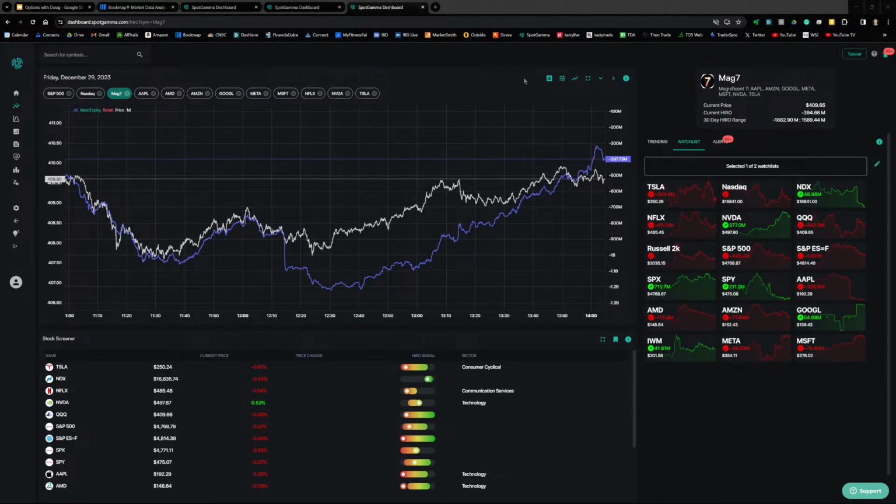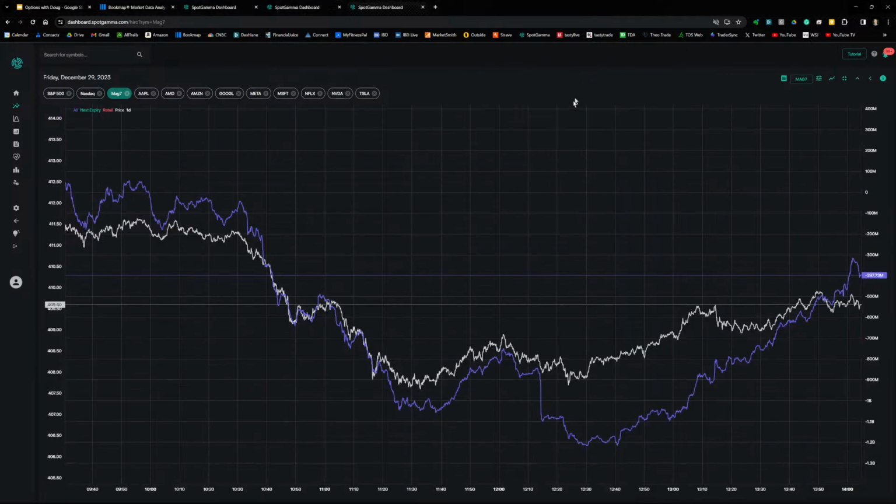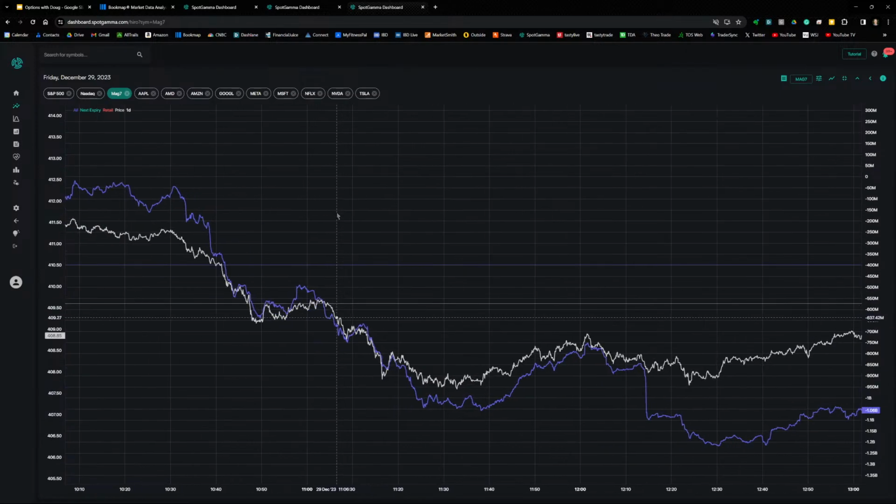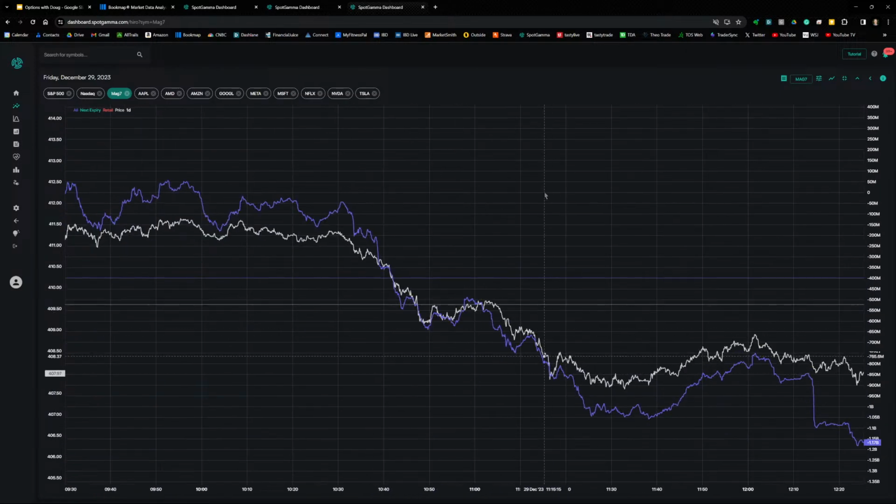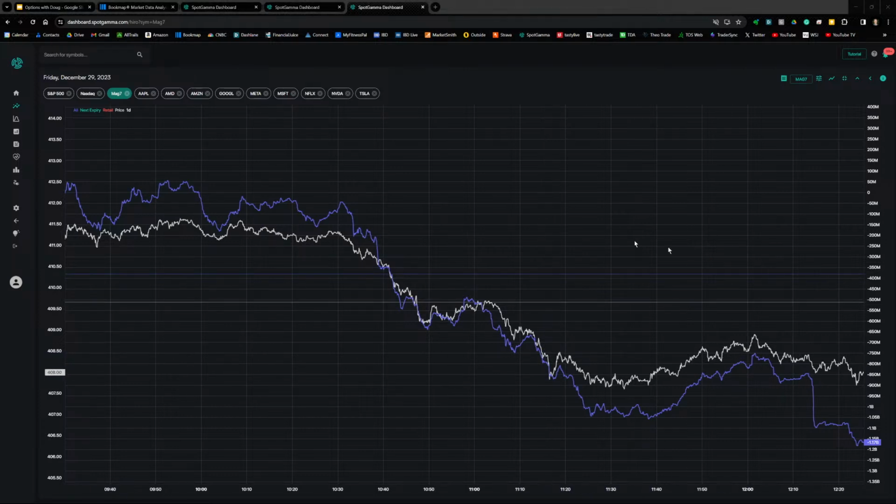Let's zoom back in on this. Looking at the morning setup, you can see that the Hero signal for the Mag 7 also really breaks lower right around 10:30, giving you another confirmation for that short setup.